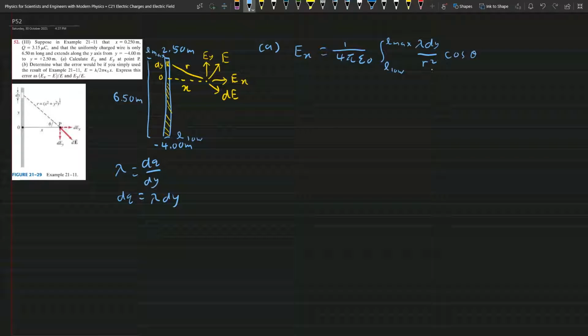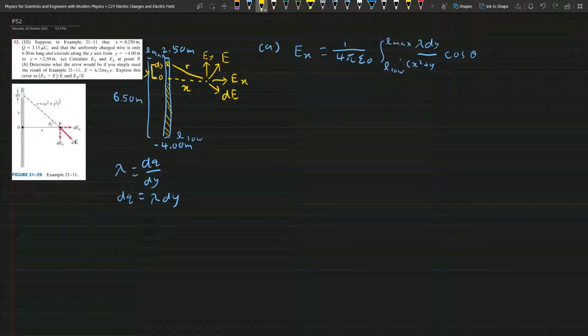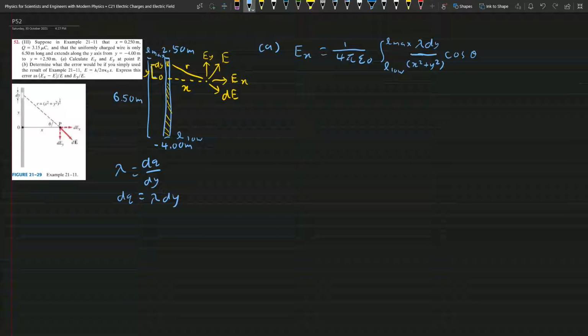Now r square will just equal x square plus, let's define here to here, y, so we have y square. Now cos theta will just equal the adjacent, which is x, over the hypotenuse, which is r.